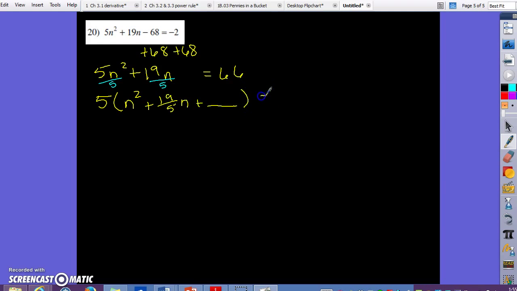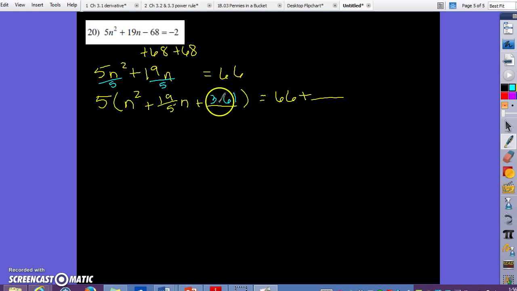A calculator is going to be your friend right now. So I now am going to take my b value, 19 fifths, and I'm going to divide that by 2, and I am going to square it. So I'm going to divide it and square it. So I change that into a decimal, which is 3.61.